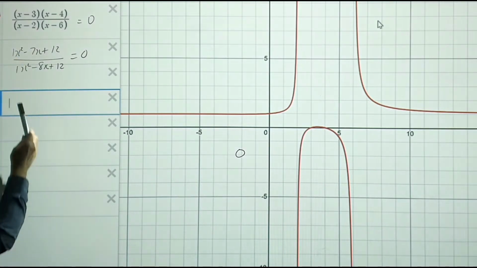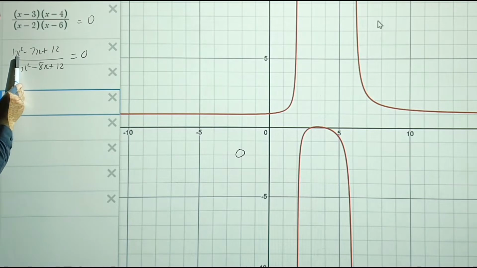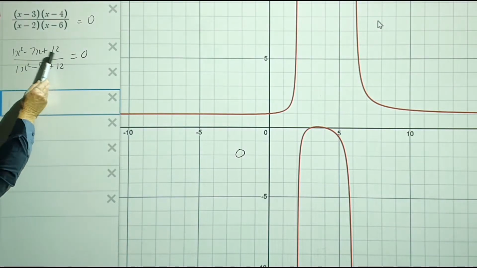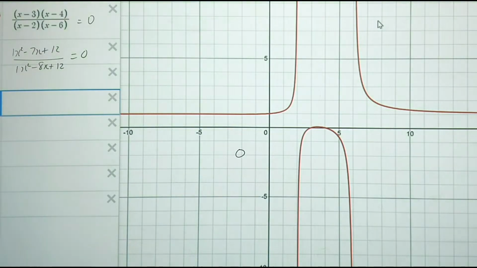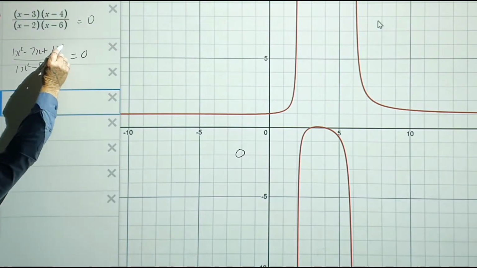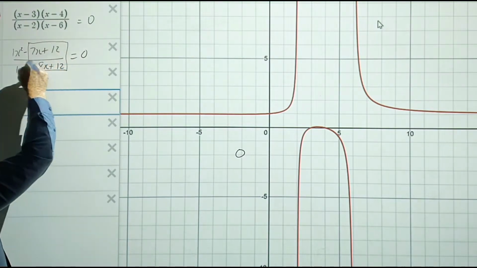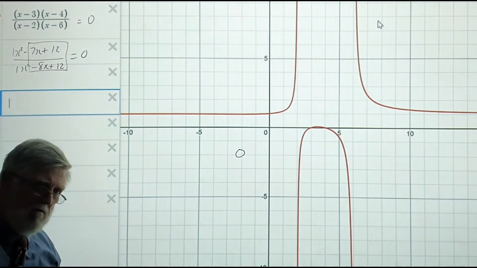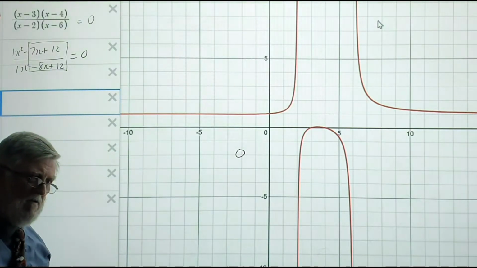By the way, if I made that a big value like 10, even 100, what happens to the top? It's way bigger. Really big. But the bottom gets really big at about the same rate. So these amounts over here become insignificant.